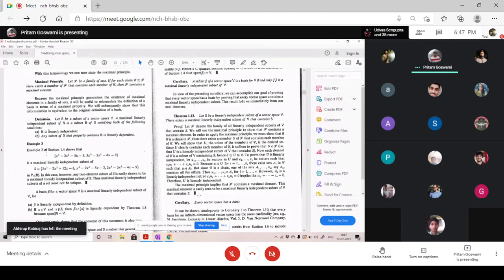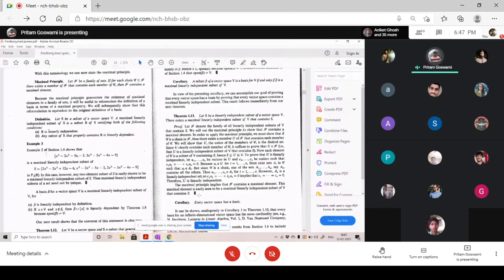Clear? Here the relation is defined as follows: I say that a subset S of a vector space and another subset S dash of the vector space, S is less than S dash if S has a smaller number of elements than S dash.